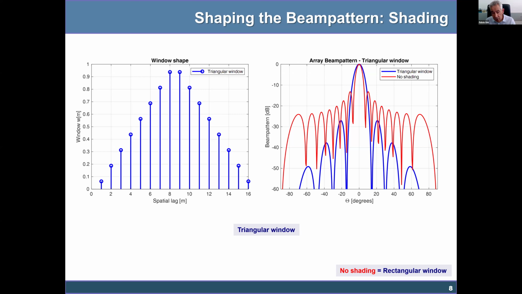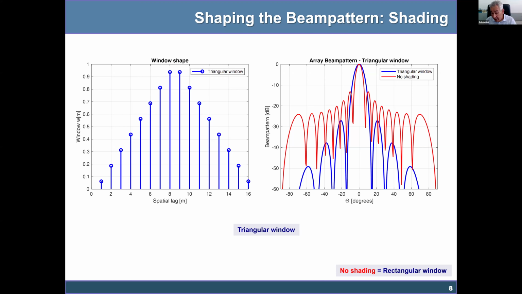So you introduce a shaping only with the purpose of reducing the side lobes. But this can be done only at the cost of a worsening of the resolution. So different windows guarantee a different trade-off between masking and resolution. Okay, so this is the triangular window.